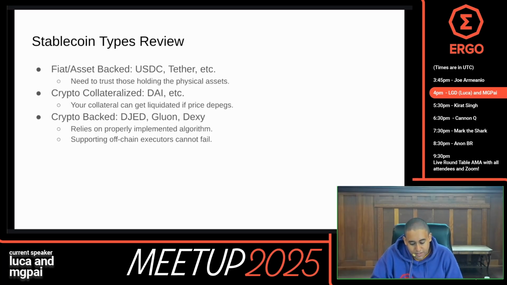So you put in collateral, and then the stablecoin you get is effectively a loan, but the collateral you put can get liquidated if the price depegs, and that's out of your control. And then there's crypto-backed, like JED, Gluon, and Dexy, and that just requires that the algorithm is properly implemented, and that in the case of UTXO, the off-chain executors don't stop working, so people can still interact with the protocol.